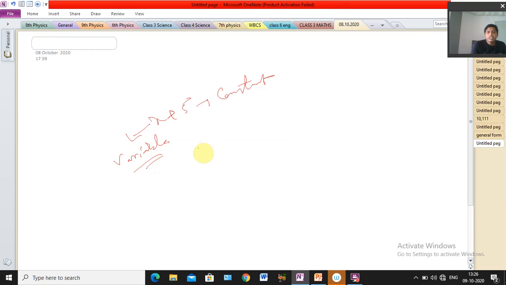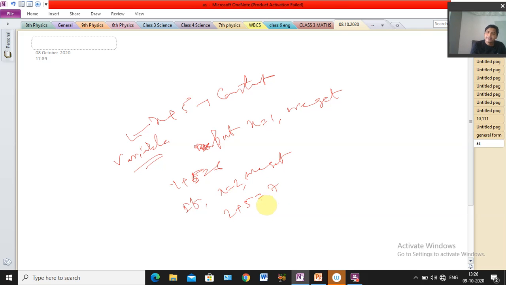Suppose we put x equal to 1. We get 1 plus 5 equal to 6. If x equal to 2, we get 2 plus 5 equal to 7. That means it is varying.